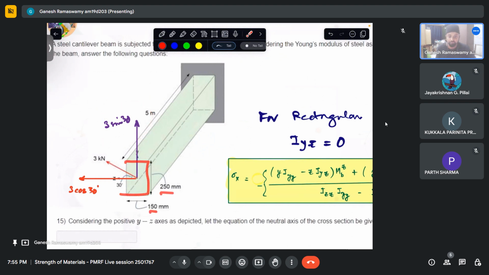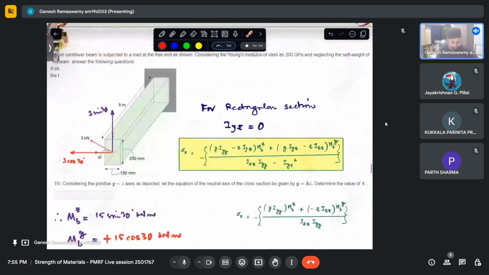For this, it will be 250 into 150 cubed by 12. And we just need to add these as a vector sum to get the actual deflection. So one deflection will be this way, the other will be somewhere that way. So using the vector sum of both, we'll be able to get the final displacement of the free end of the cantilever. So that is the essence behind this question.